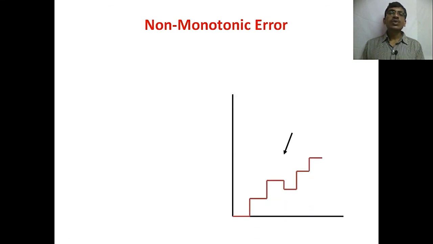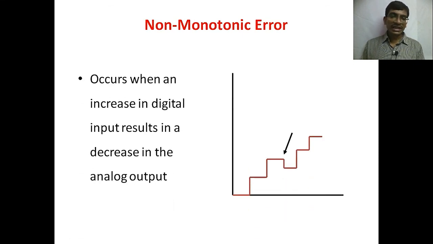See, the last one is a non-monotonic error. It occurs when an increase in the digital input results in a decrease in the analog output. So here if you see, there is an increment in the digital input, but in this step you can observe it is decreased. Here it is increasing for every binary variation, the analog voltage is increasing up to here.